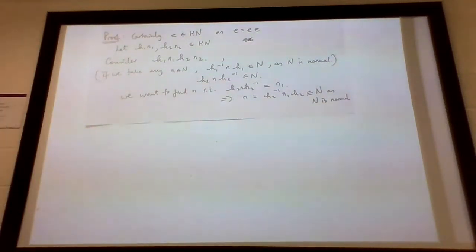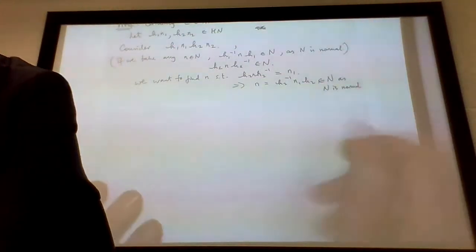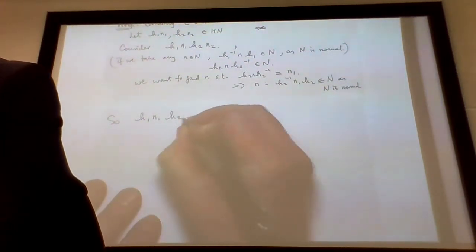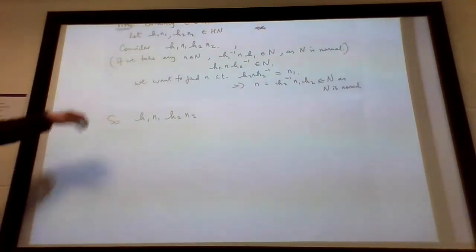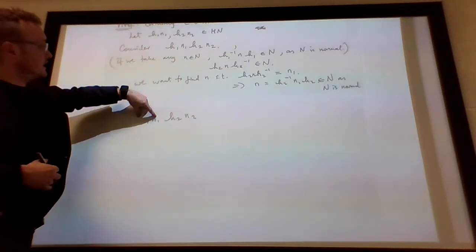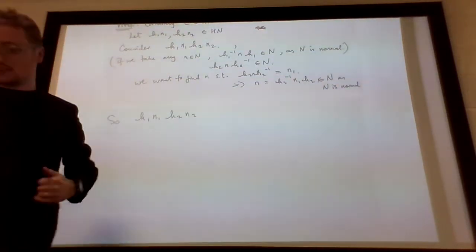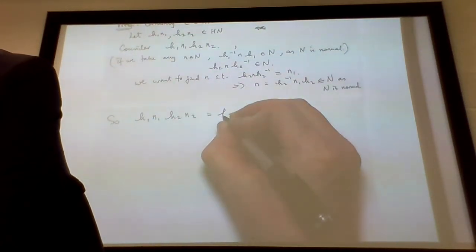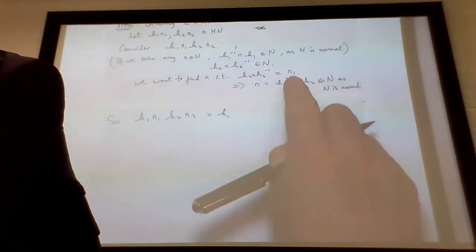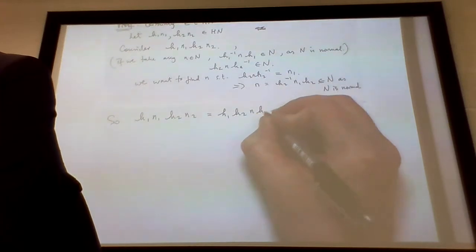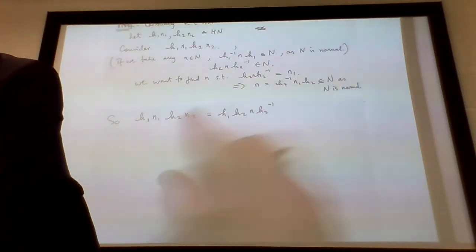So I can then rewrite my product of two elements, this is my product of two elements from the product of the subsets. Something from H, capital N, another thing from capital H, capital N. I can re-express this now as: I'm going to replace the n1 by this, h2 n h2 inverse, and then I've got h2 n2.